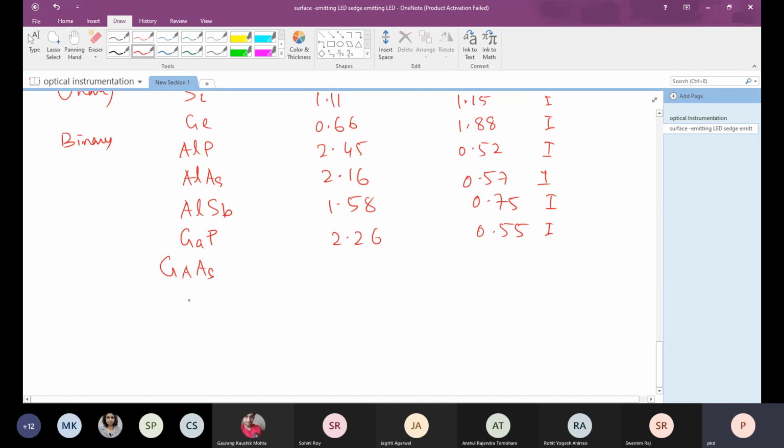The most popular, initially, was gallium arsenide because of the ease in deposition: 1.42 eV, and also the near infrared window, 0.87 micrometer. This is direct band gap. GaSb is 0.73 eV, 1.70 micrometer, direct band gap.